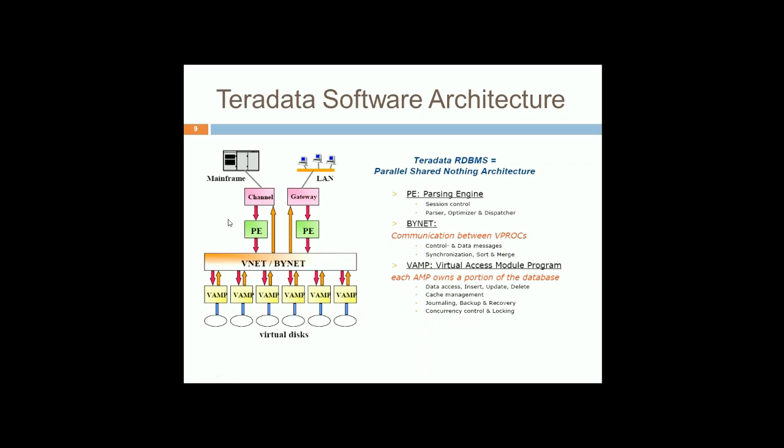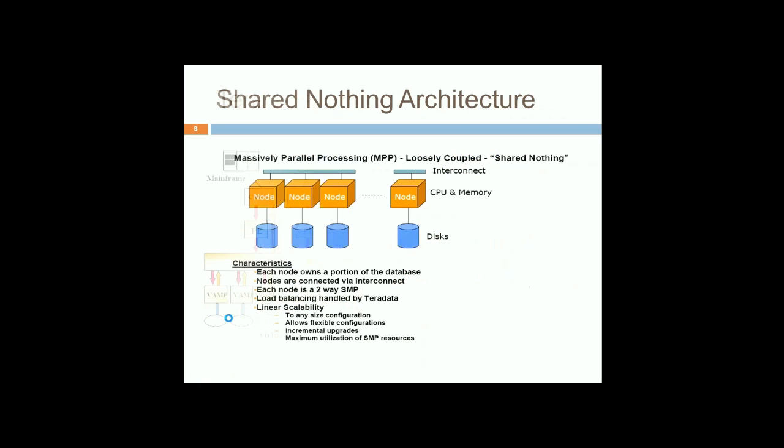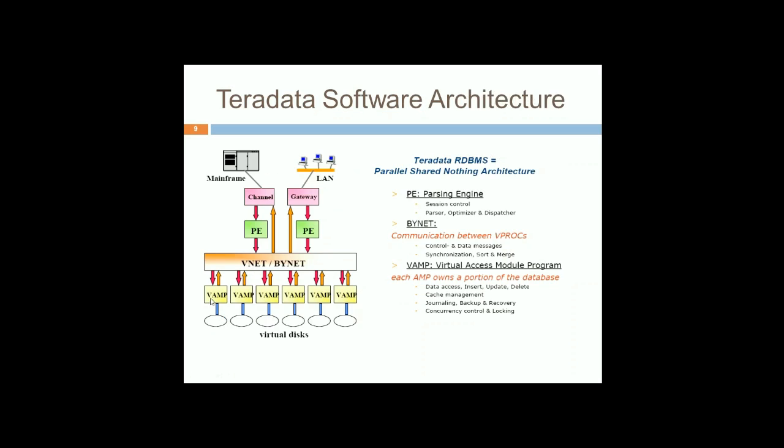So whatever queries we write, we actually work on PE, and then you have a VNet or a BiNet channel. This is the communication channel for these nodes, right? These nodes we call AMPs in Teradata, Access Module Processors, and they are connected with their own virtual disks, as I was explaining in the previous slide. The only way these nodes can communicate with each other is via this BiNet channel.